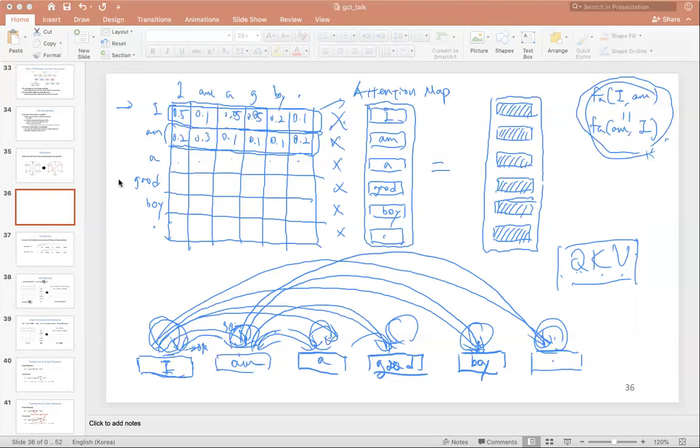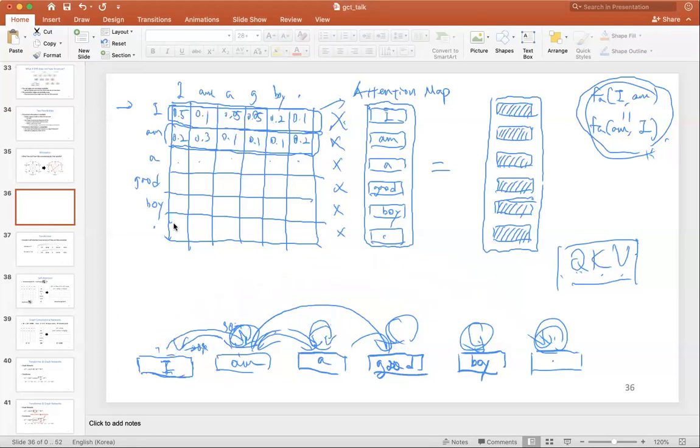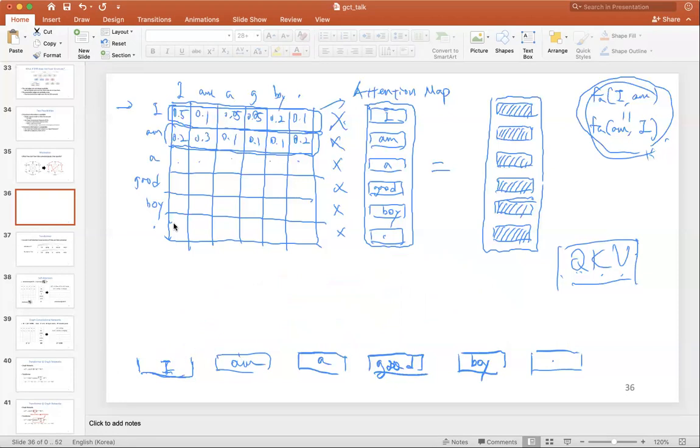Let me just think about it. So I'm going to erase all the arrows first. All right, that wasn't so bad.